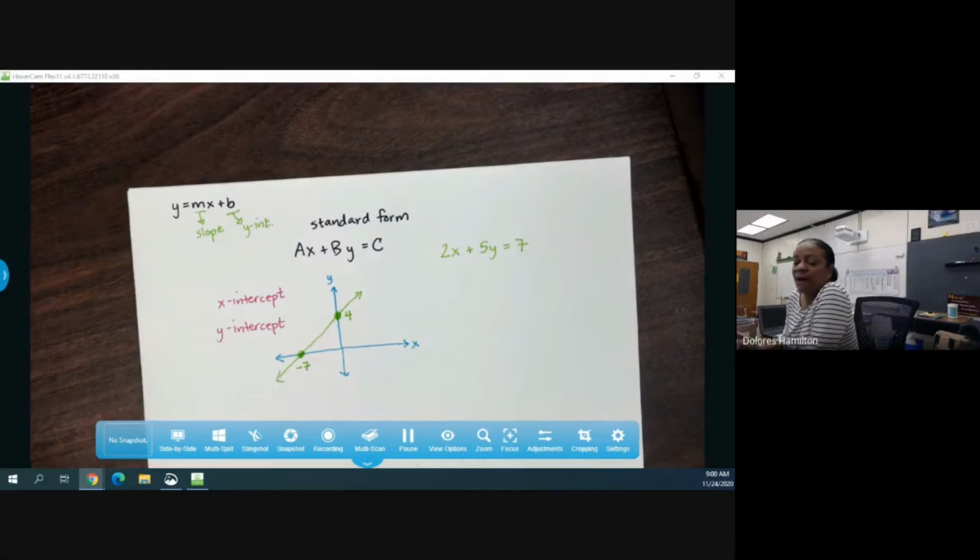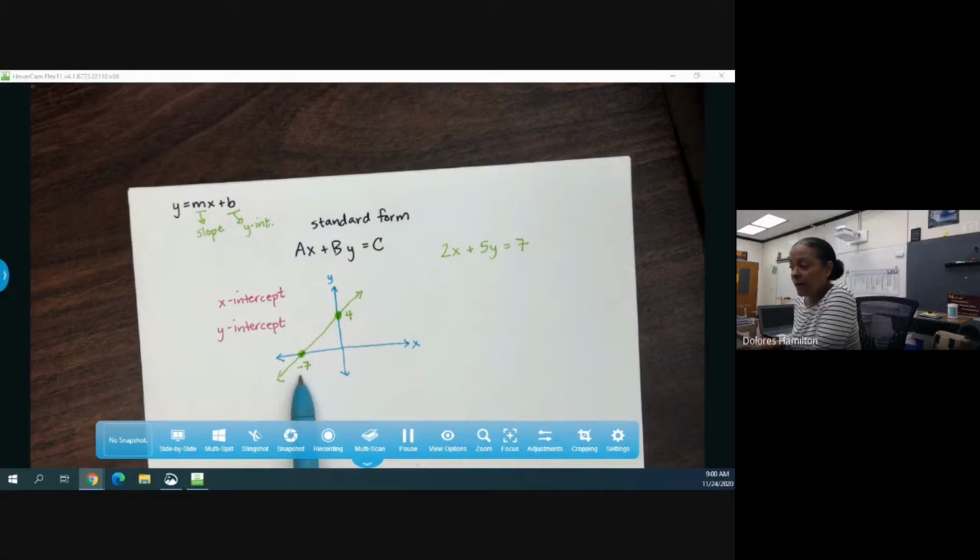First, let's define these terms. We'll start with the x-intercept. By definition, the x-intercept is where your graph intersects with the x-axis. So in this example, where does my graph cross the x-axis? At -7.